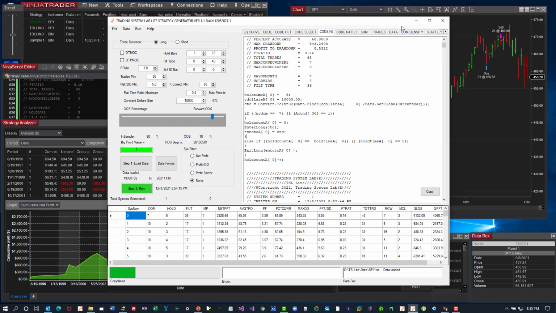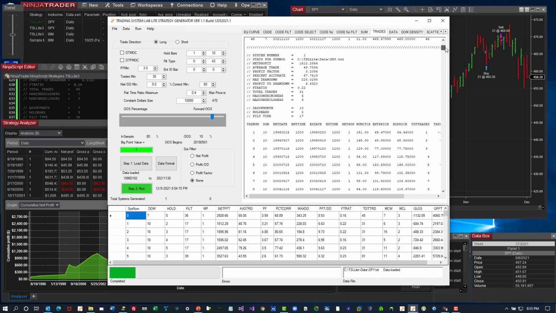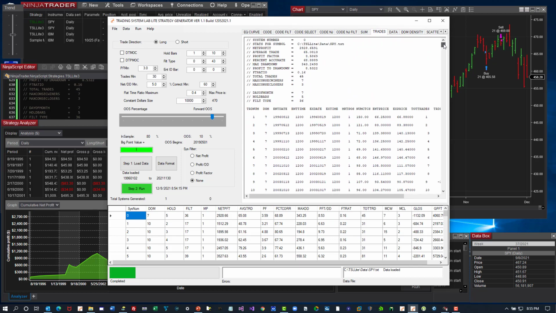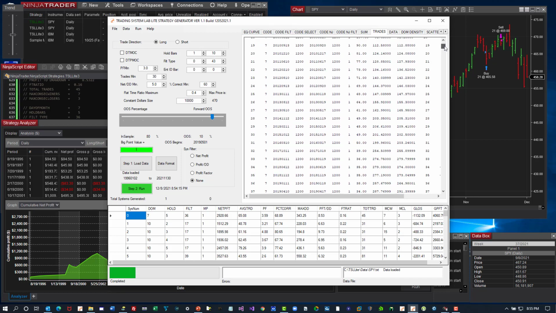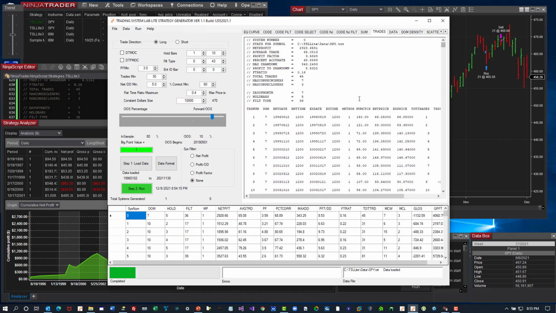So other elements that are available are individual trade-by-trade reports for every trading subsystem, every trade that's made. So you can compare these trade-by-trades here with the trade-by-trades in NinjaScript, in NinjaTrader, to make sure that the trading strategies were translated correctly over.